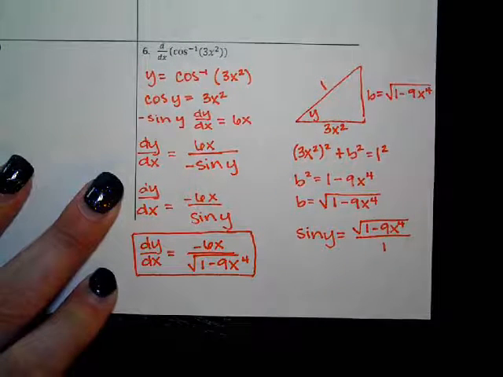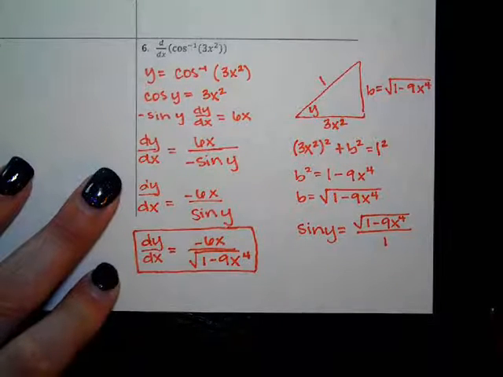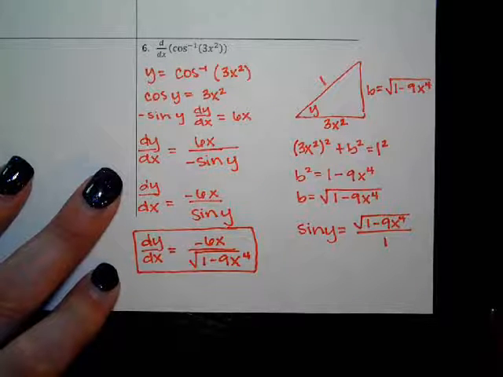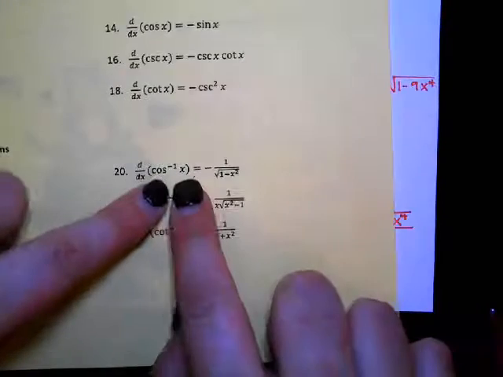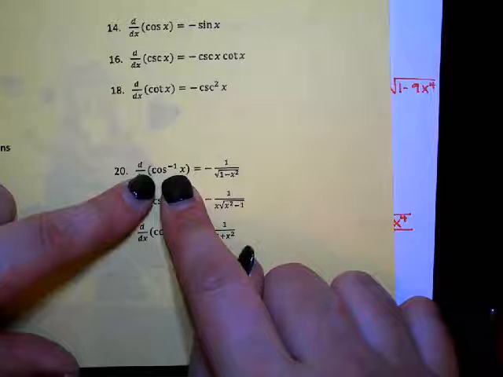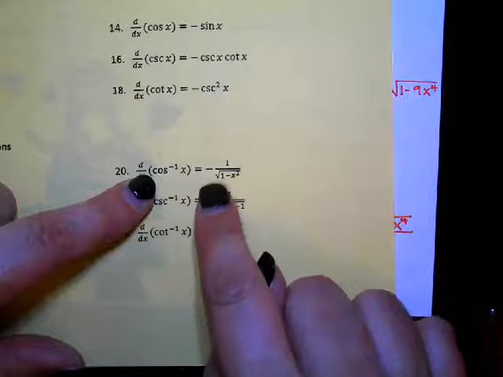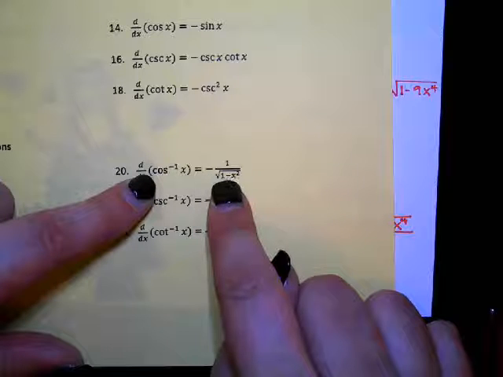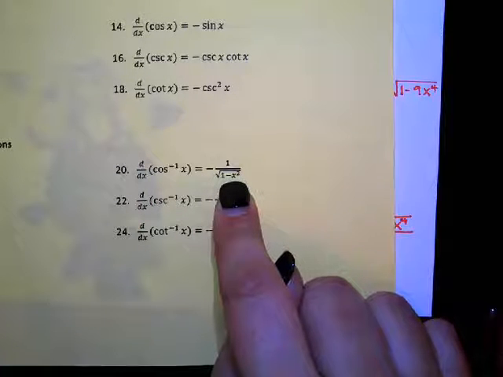Okay. Now, if you want to look at the shortcut for that, the shortcut says that if your angle is x, then you have negative 1 over the square root of 1 minus the angle squared. And we know that we always have to do the chain rule.